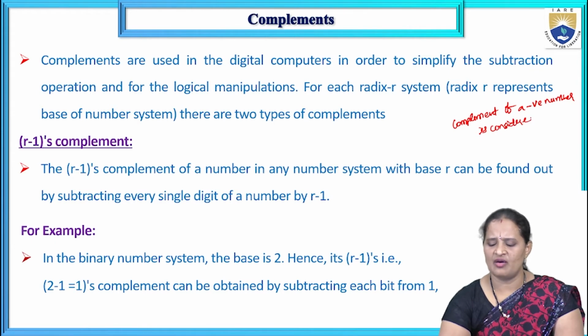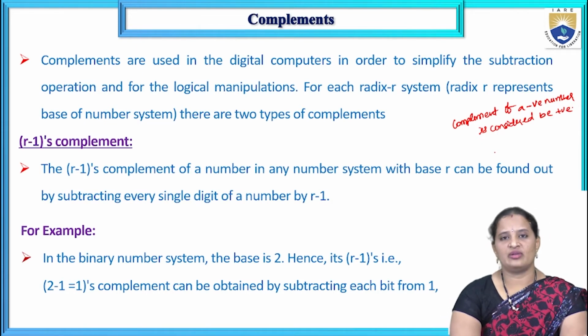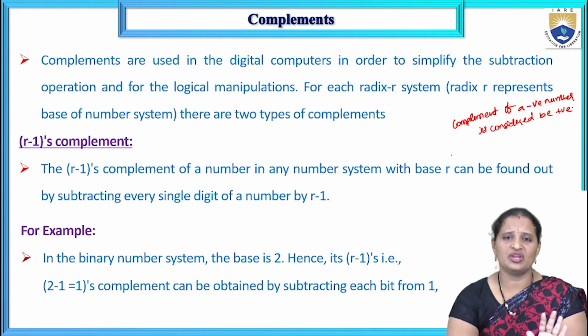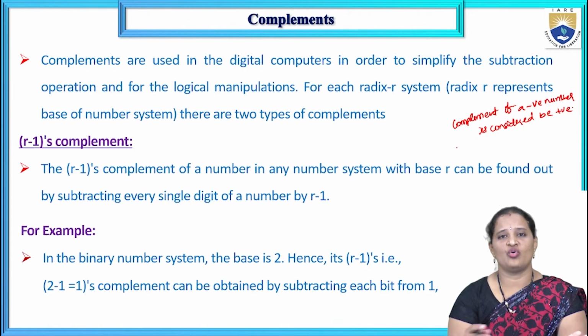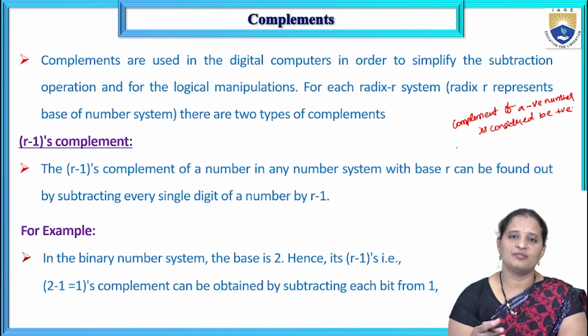So first of all, why are we going for the complements? Whenever you are implementing any processor, you always take care of miniaturization, meaning you want to design a circuit such that fewer components are required.